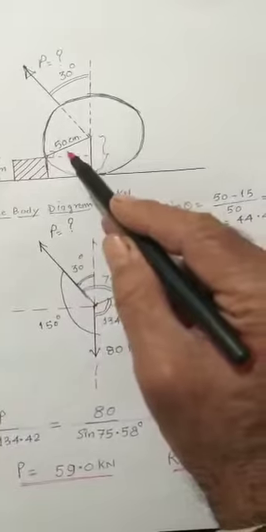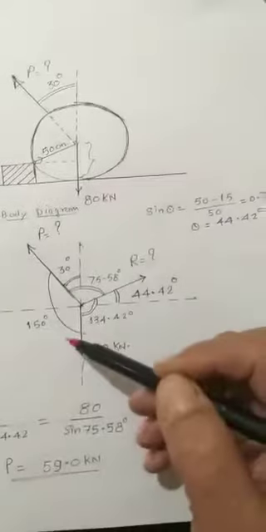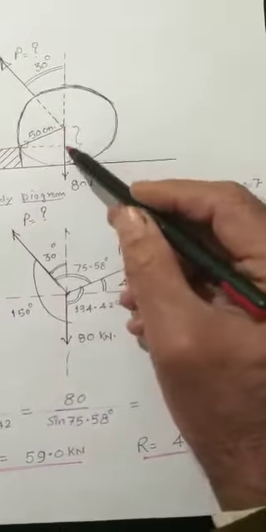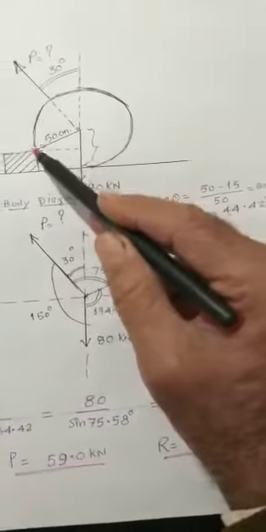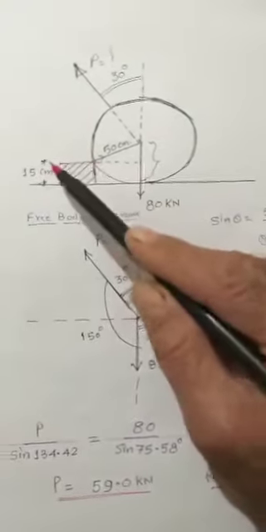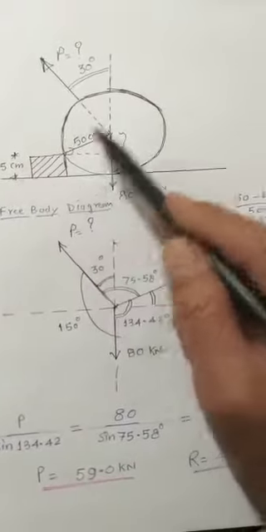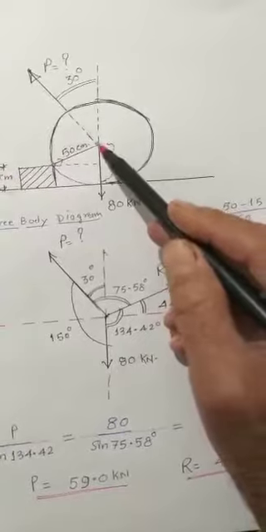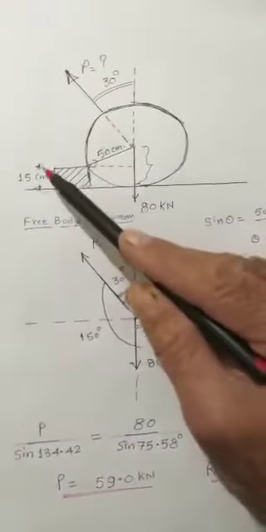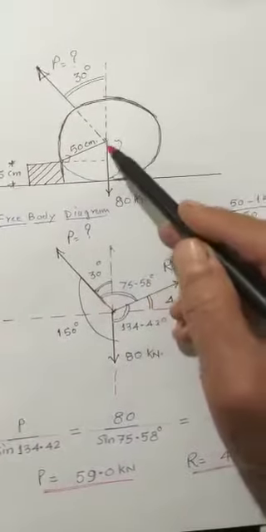So we have to calculate the angle of this. How to calculate? You know this height, which is nothing but equal to the radius. We know this distance, which is given as 15 centimeter. So you can calculate this height. This height is nothing but the total radius minus this distance. You will get this distance.